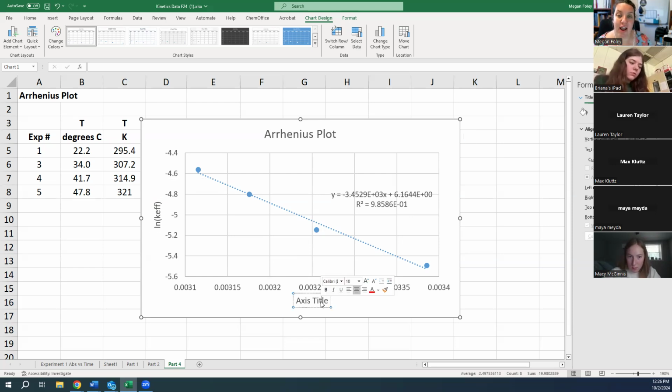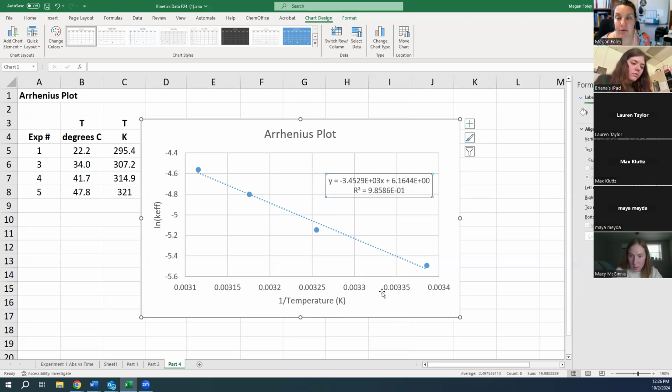And on our x-axis, we have 1 over temperature, in Kelvin. You can be more specific if you'd like. This is an Arrhenius plot of k effective values for crystal violet if you so prefer, but Arrhenius plot is probably fine.